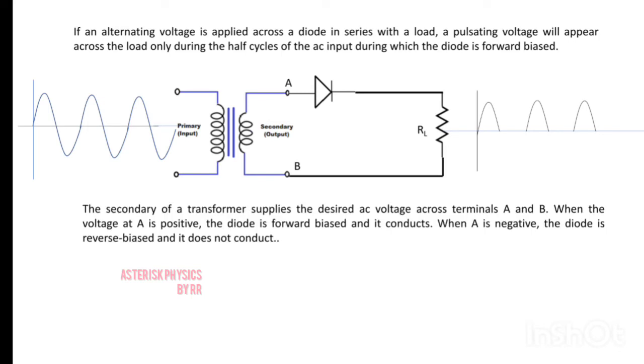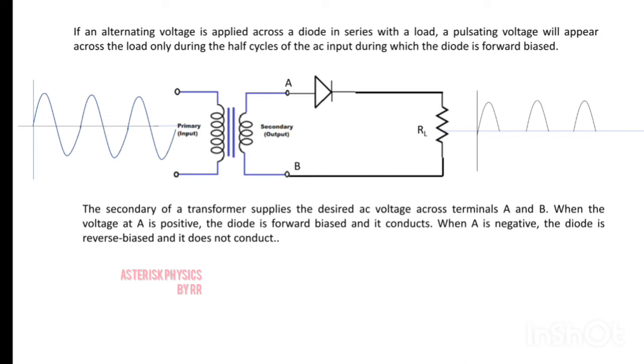The secondary of a transformer supplies the desired AC voltage across terminals A and B. When the voltage at A is positive, the diode is forward biased and it conducts. When A is negative, the diode is reverse biased and it does not conduct. That is, during the positive half cycles of the input AC, the end A is at positive potential.